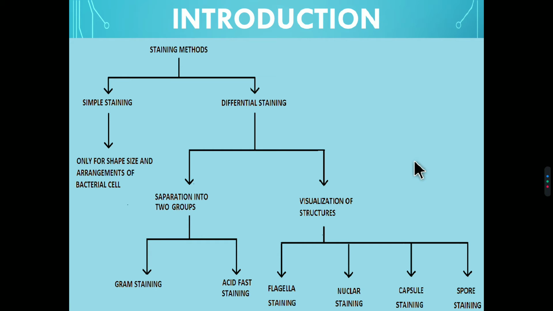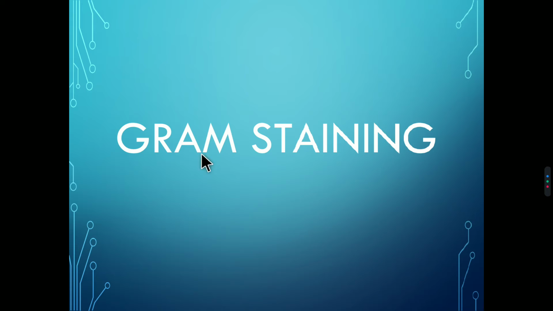Today's topic is gram staining. Gram staining is a part of differential staining that is used for the identification of bacteria. The gram staining technique was developed by Hans Christian Gram in 1882 but published in 1884.